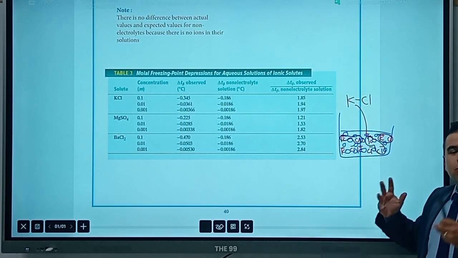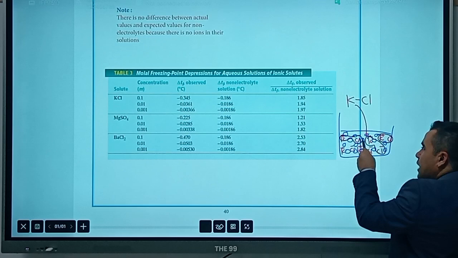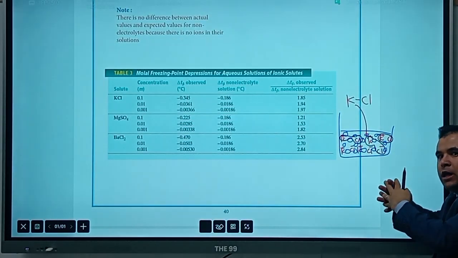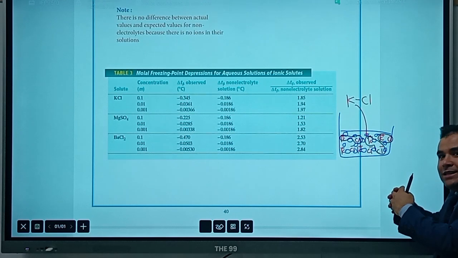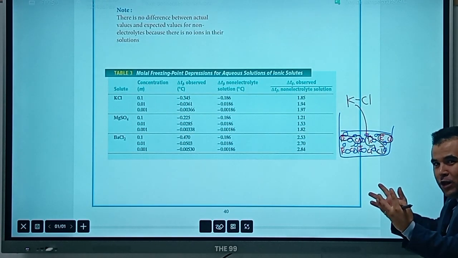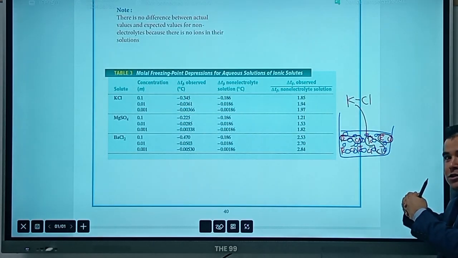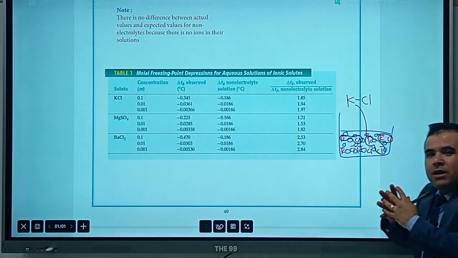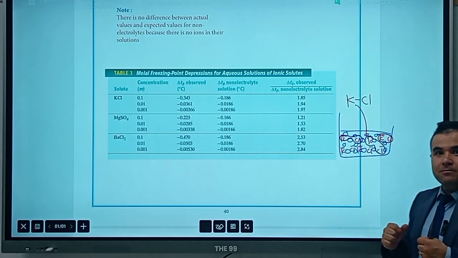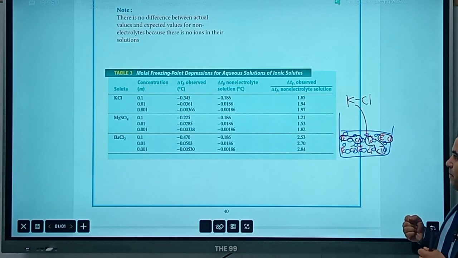But actually there is attraction between the ions, and when they attract each other, they are like a single unit, not two units for one formula unit. They combine like a non-dissolved salt, and then there will be a different value of the actual than what we expected. That's the attraction between the ions, guys.